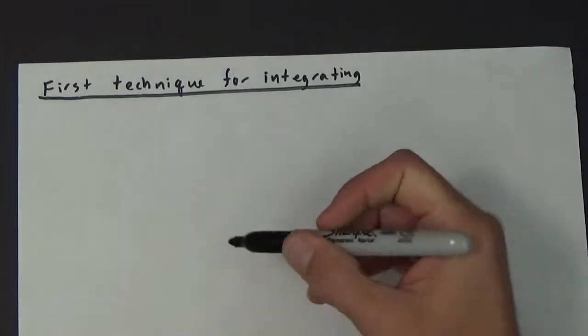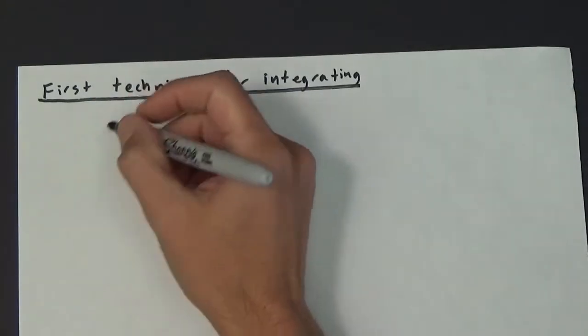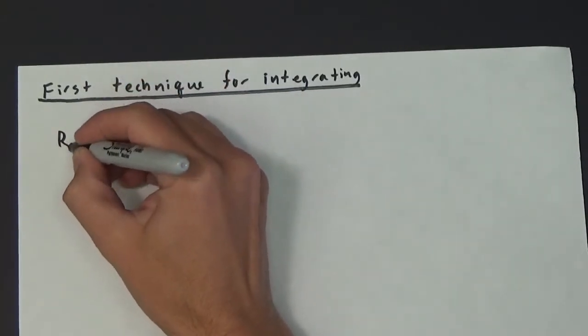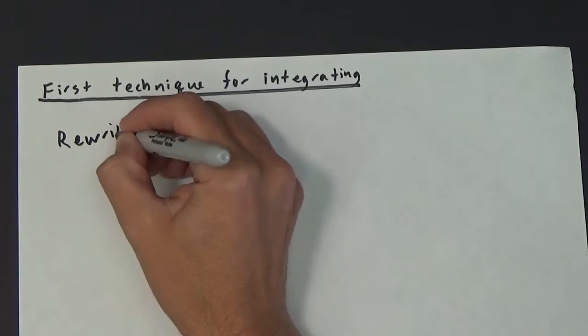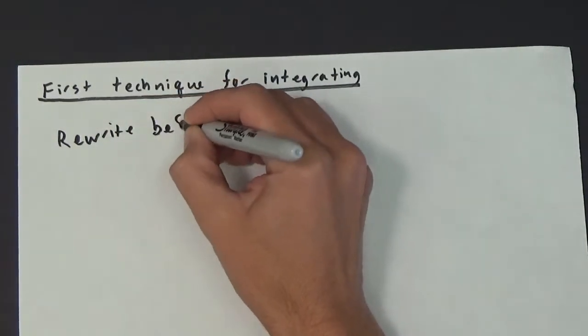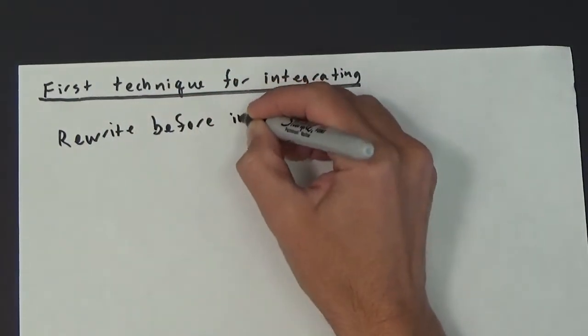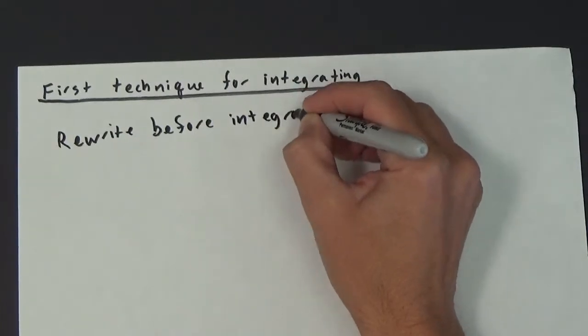In this video, we're going to go over the first technique, and this is probably going to be one of the more important ones. Always remember this technique because it works in so many cases. The first technique for integration is to rewrite before integrating.